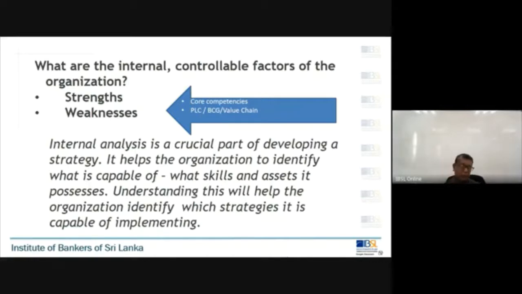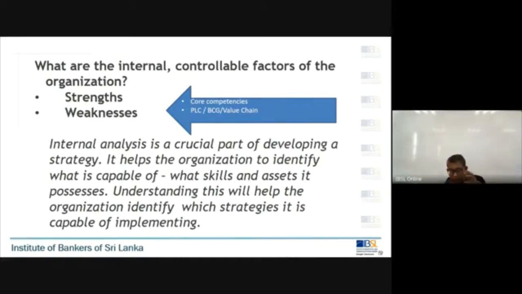Second question: where are we now? In order to go to that destination, we must identify our present place. Where am I? Where are we now? For that, we use certain techniques to analyze the internal and external environmental factors.